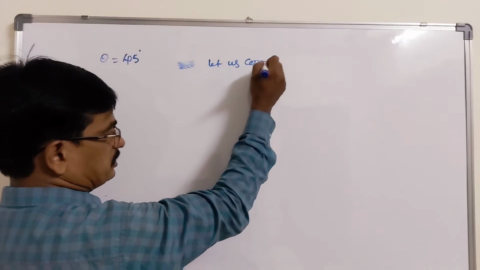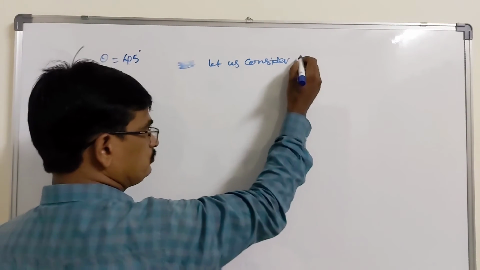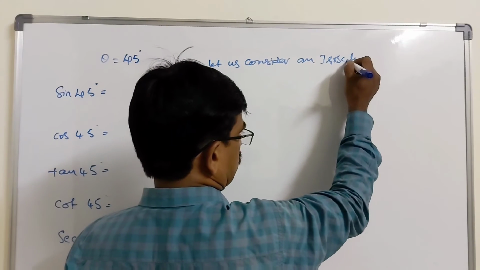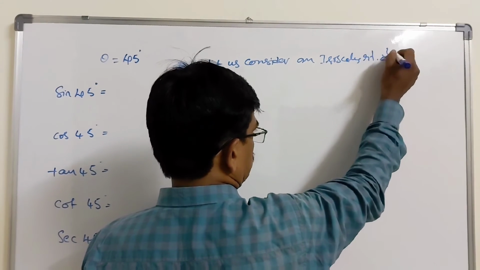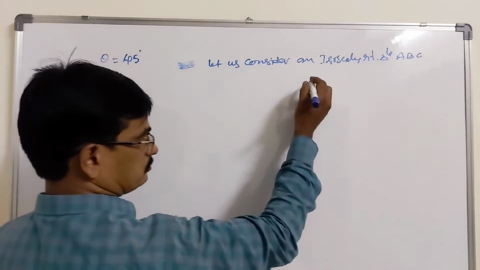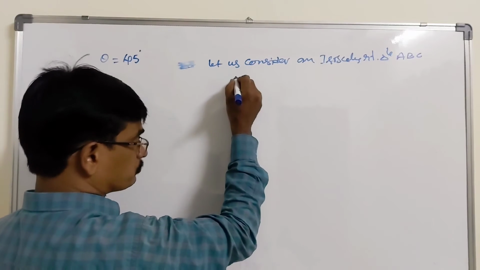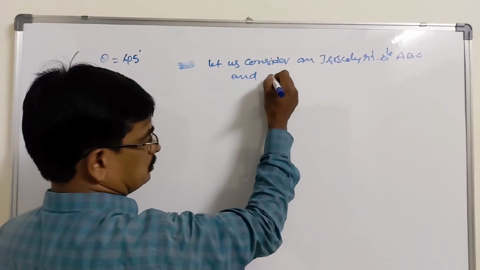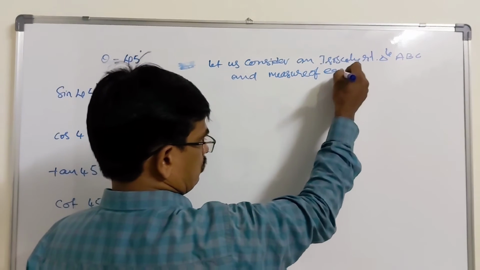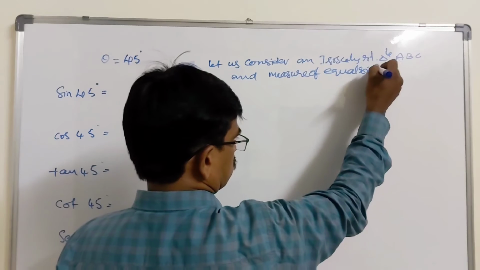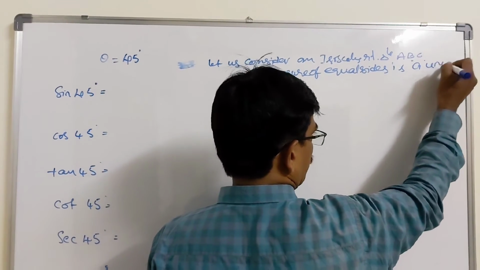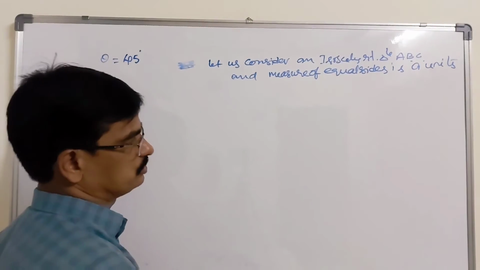Let us consider isosceles right triangle ABC, and the measure of equal sides is small a units.